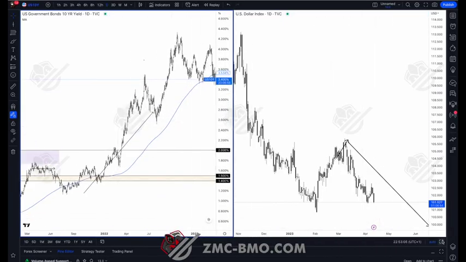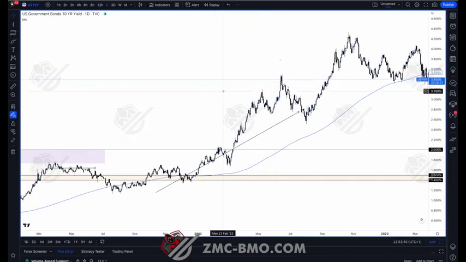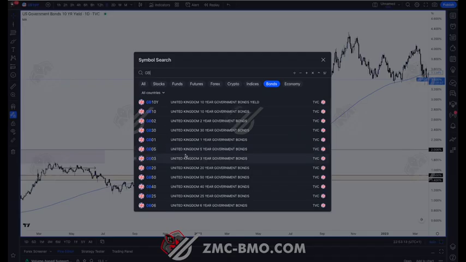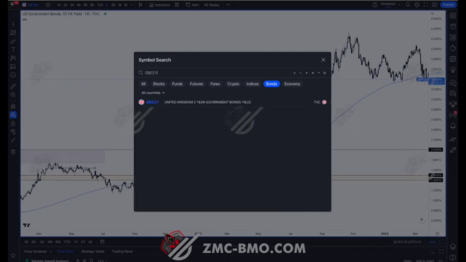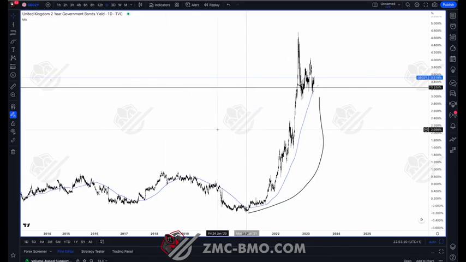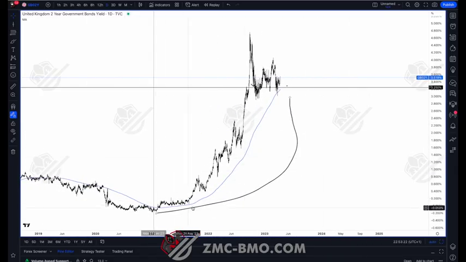If I then bring up the gilts market, GB02Y, this is the gilts market, which is the UK bonds, basically. As you can see, most of the central banks' yields climbed because, as we know, they all hiked interest rates. They all pulled liquidity out of the market.